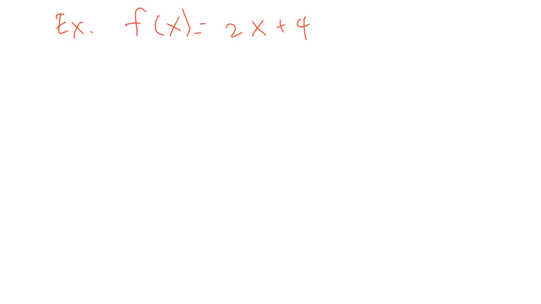And let's say the inverse, we put that as g of x, and our answer a while ago is x over 2 minus 2. Okay, and we know that these two functions are inverses to each other. We can actually prove this by composition.